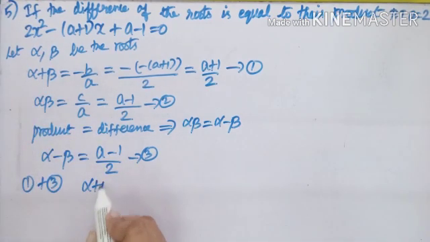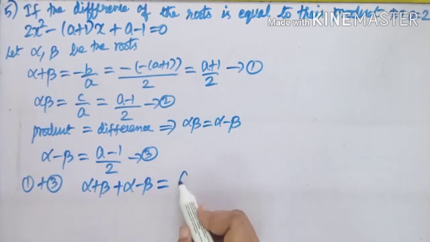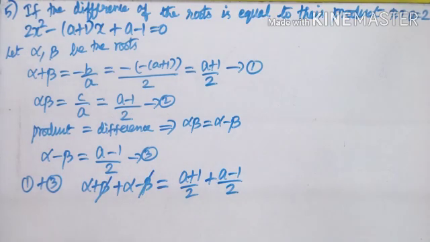Alpha plus beta plus alpha minus beta equals a plus 1 by 2 plus a minus 1 by 2. Beta gets cancelled. 2 alpha equals, LCM 2, a plus 1 plus a minus 1. Plus 1 minus 1 cancels.